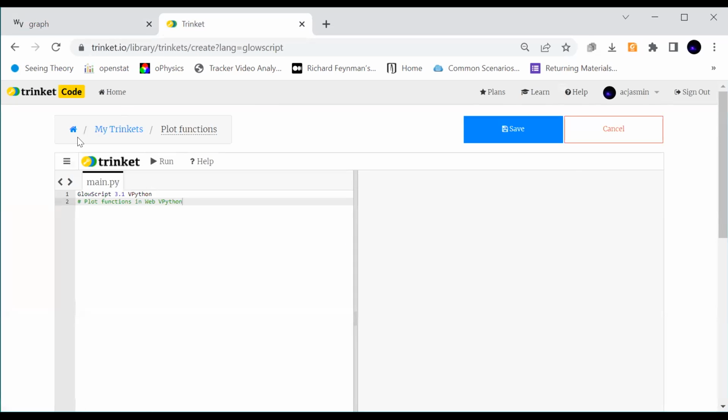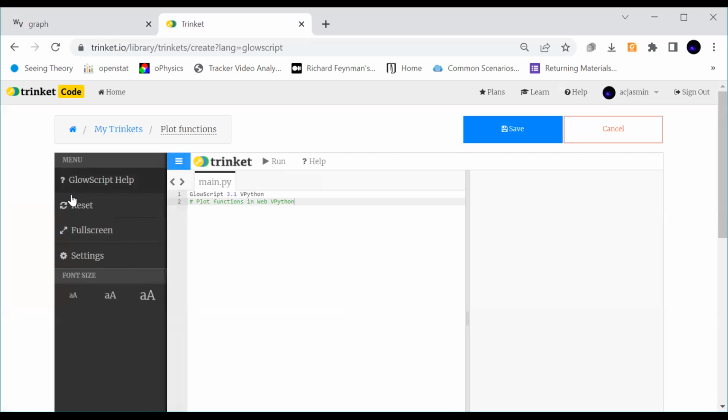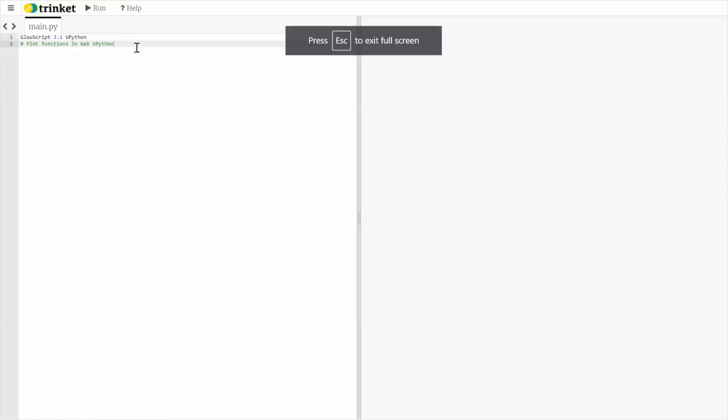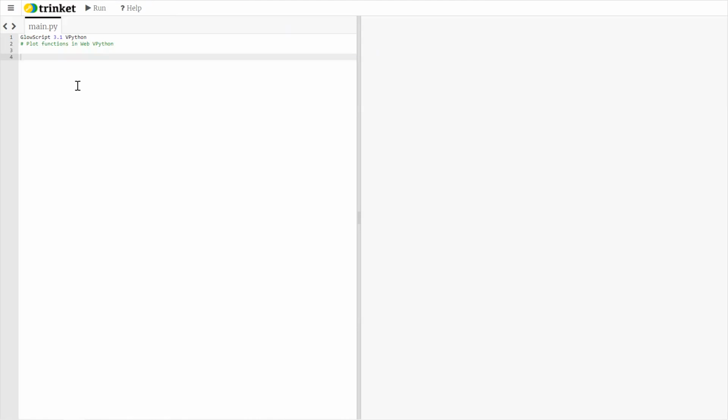So in Trinket, you open a Trinket file, and then to create a graph, use gcurve.